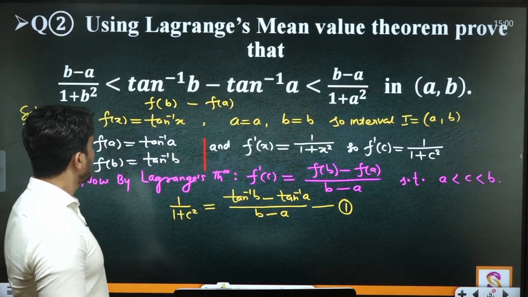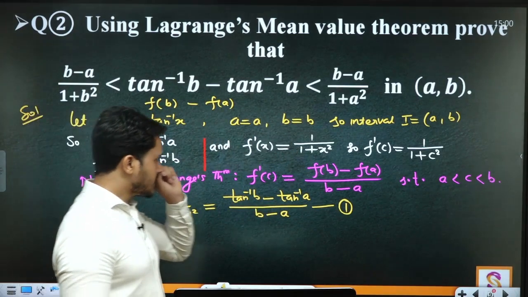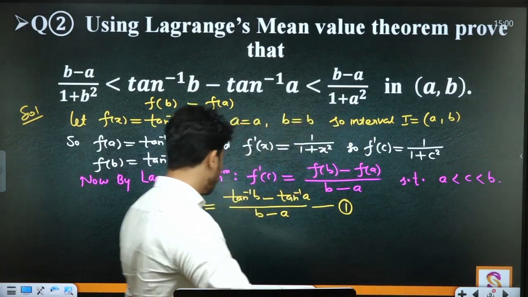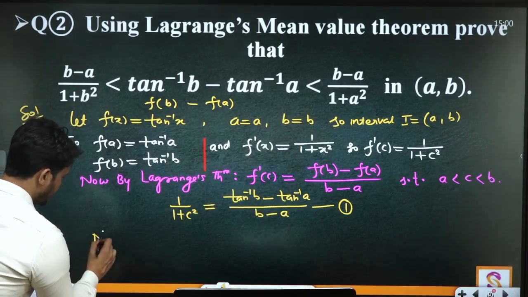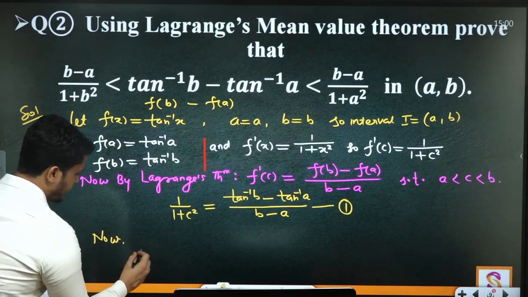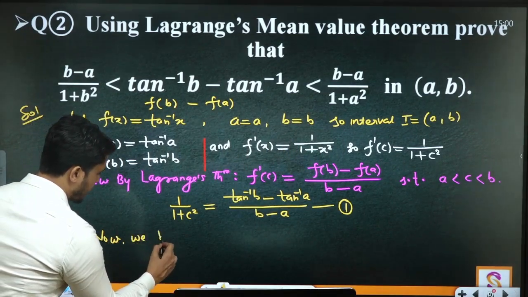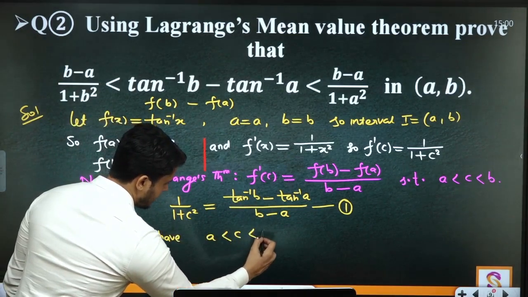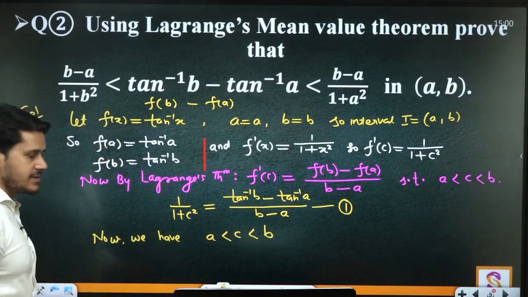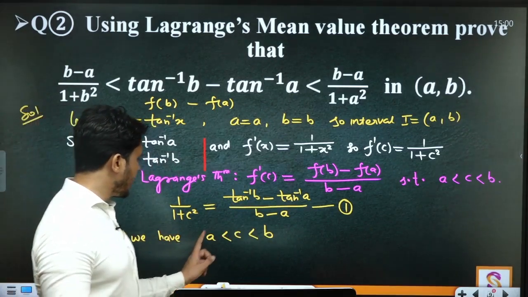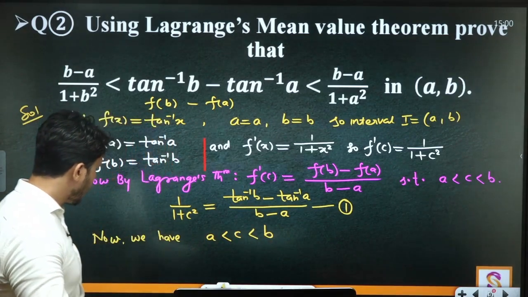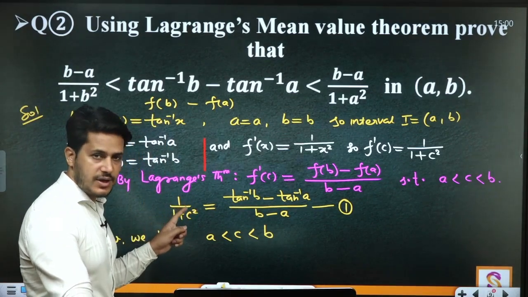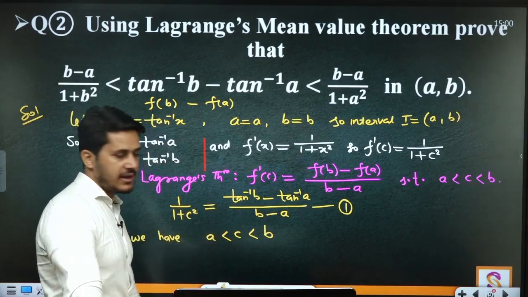Now to prove the inequality, start from this inequality a less than c less than b. अभी आपको क्या करना है, ये जो इक्वेशन 1 का लेफ्ट साइड है ना, 1 अपॉन 1 प्लस सी स्क्वायर, धीरे धीरे इसे वही बना देना है पूरा कंप्लीट.